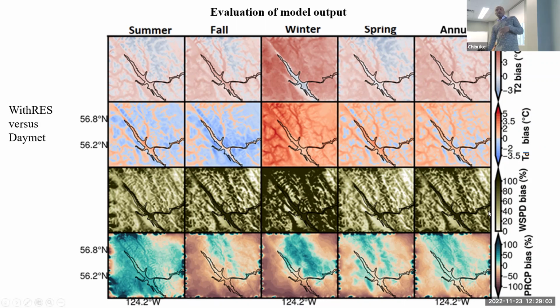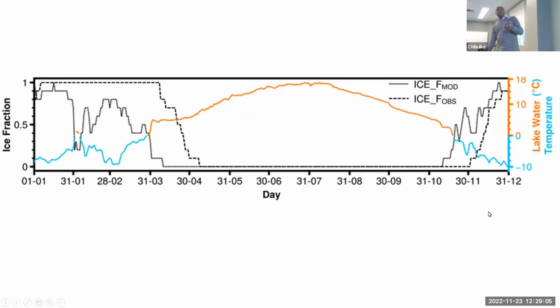Then, one other key thing to look out for is the ice phenology, because we are dealing with a reservoir. What you see here is the evolution along the center line. I took a transect from the north towards the south of the reservoir and plotted the temperature profile.